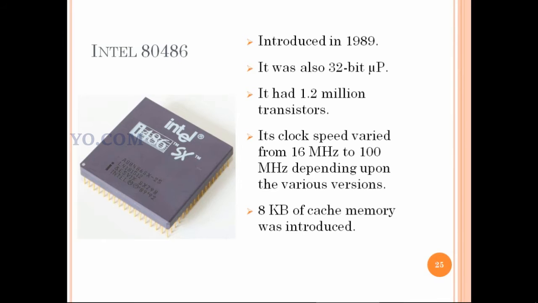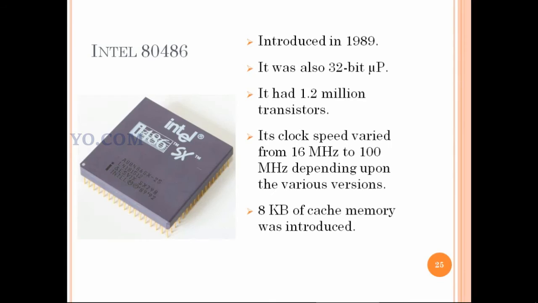It has 1.2 million transistors inside. The speed of operation is 16 MHz to 100 MHz, depending on the different versions present in 486. The first microprocessor manufactured along with cache memory is 486. The 486 microprocessor has cache memory inside.